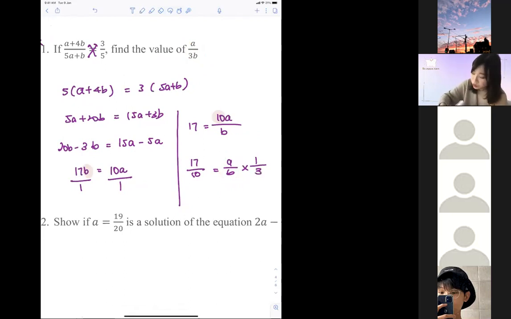Can you see? Top times top, bottom times bottom, you get what you want, a over 3b. So whatever you do to the right side, you do to the left side. So times 1 over 3, you will get 17 over 30. Just remember to swap side. Left hand side always the subject, right hand side always the answer.